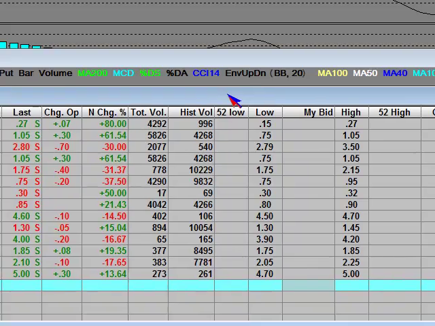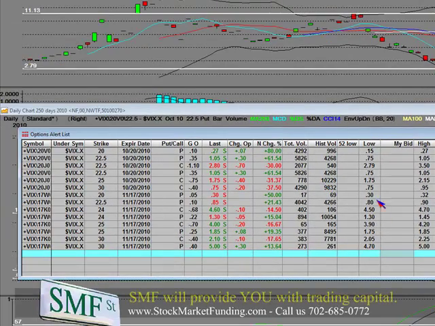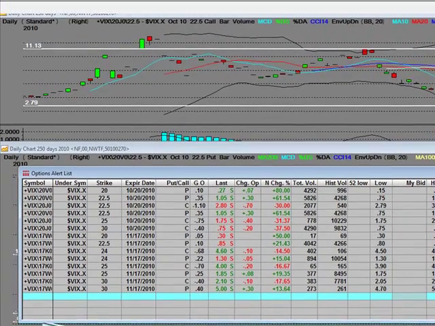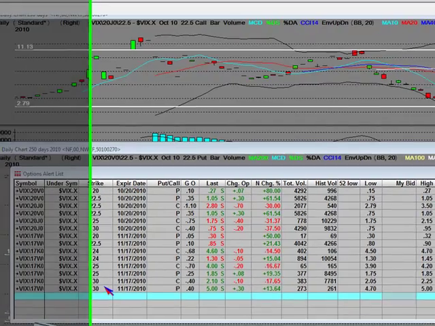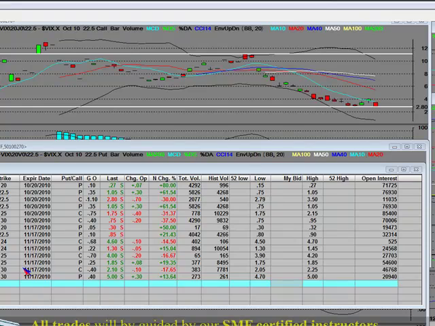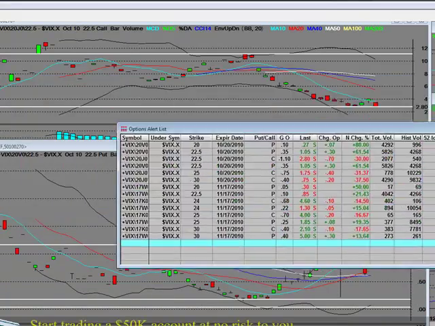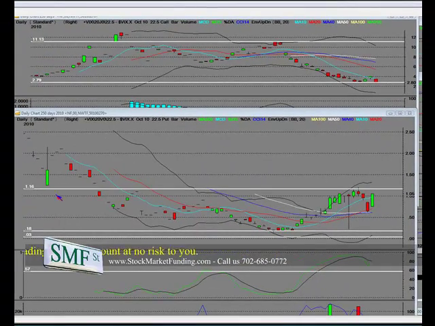Basically, what we're going to look at is the directional movement of the contracts that we have done right here. We have 20s all the way up to 30s, even 30 puts and 30 calls, 25 puts, and so forth. Right now we're going to deal with the key Pacific contract, the 2250 put and the 2250 call.